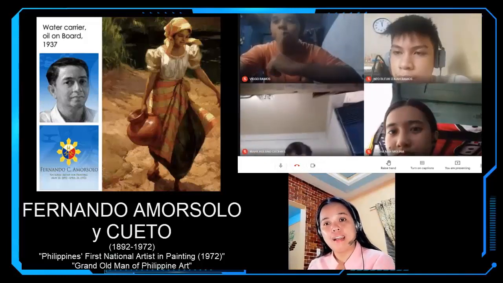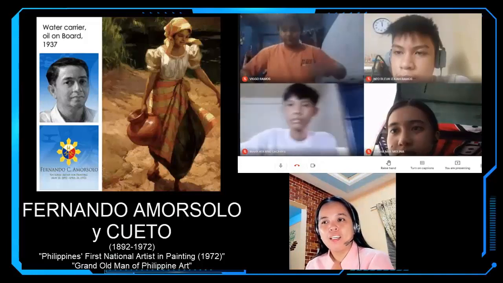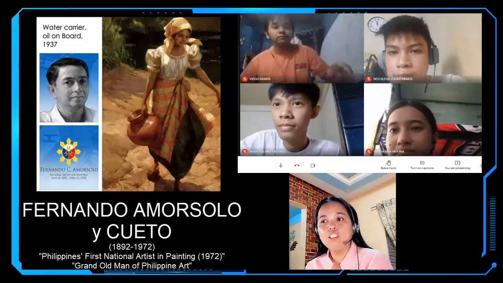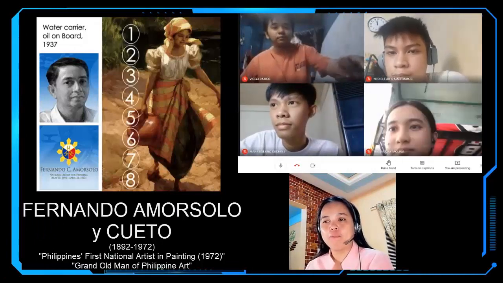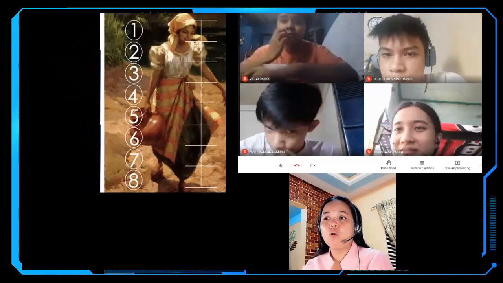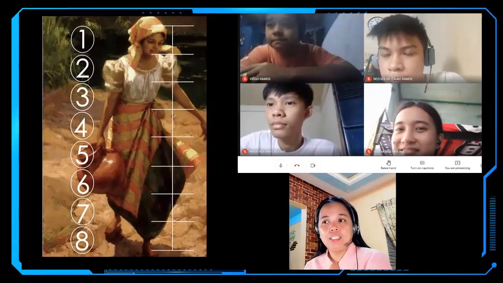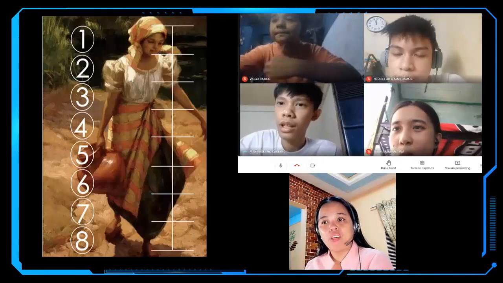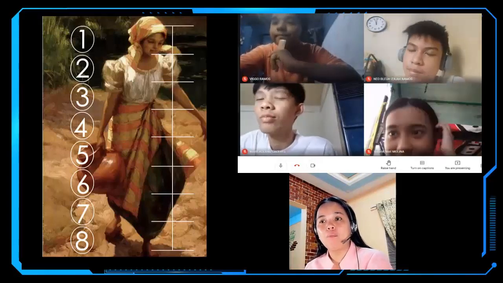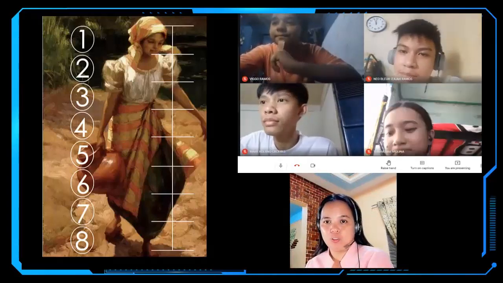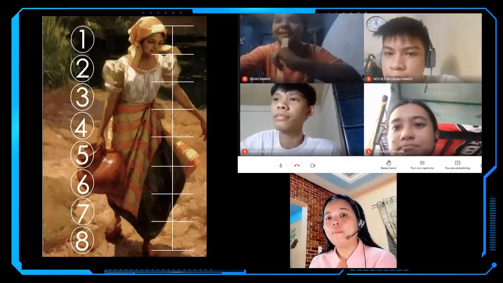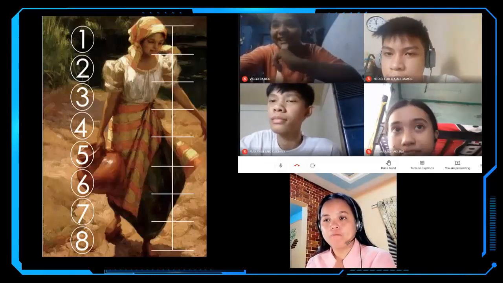That was in 1972. He is also called the Grand Old Man of Philippine Art. In relation to our topic, you will see that the application of 8 heads is unveiled and applied in the painting of Fernando Amorsolo. So as you can see in the picture, it is an 8-head proportion.